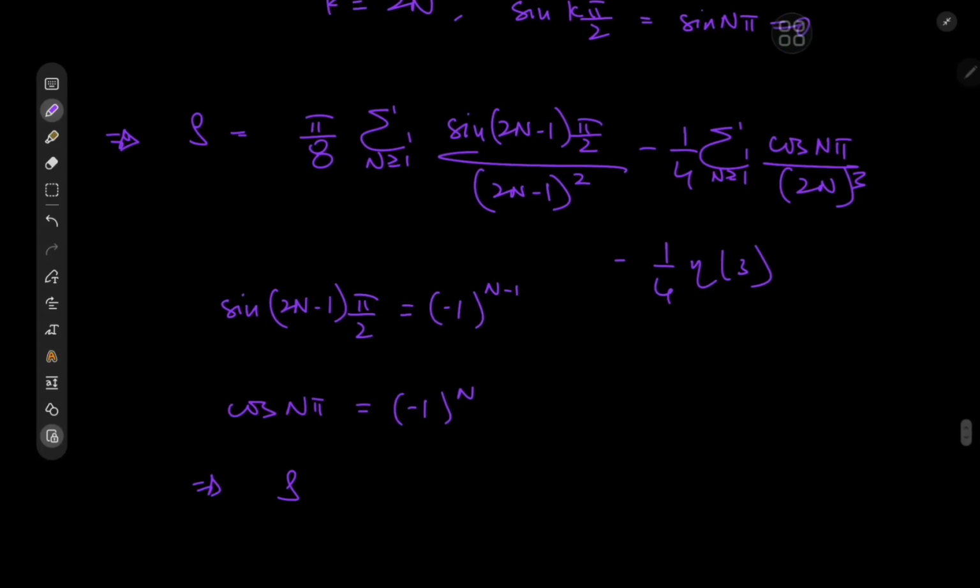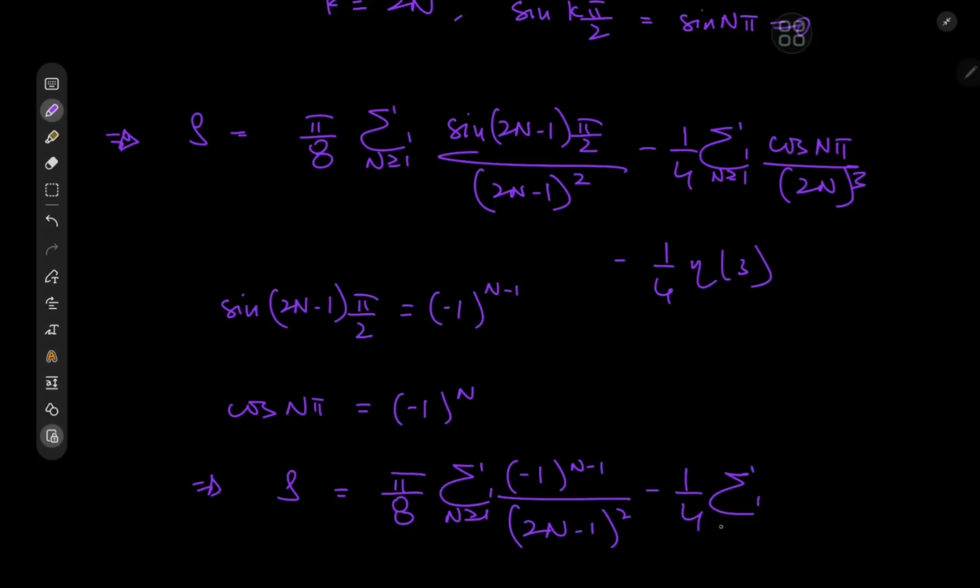So this implies that the sum S here equals pi by 8 times the sum over n of (-1) to the n minus 1 divided by (2n minus 1) squared, minus a quarter of the sum over n of (-1) to the n, again divided by 8n cubed.